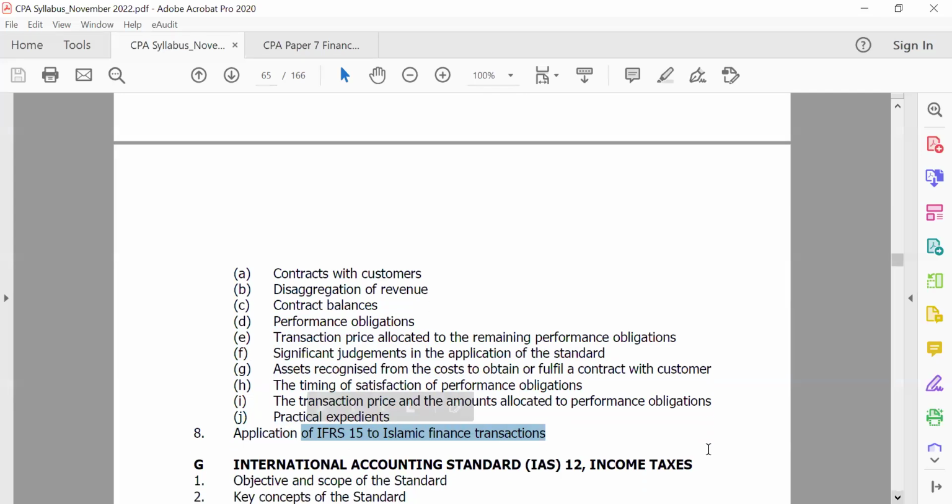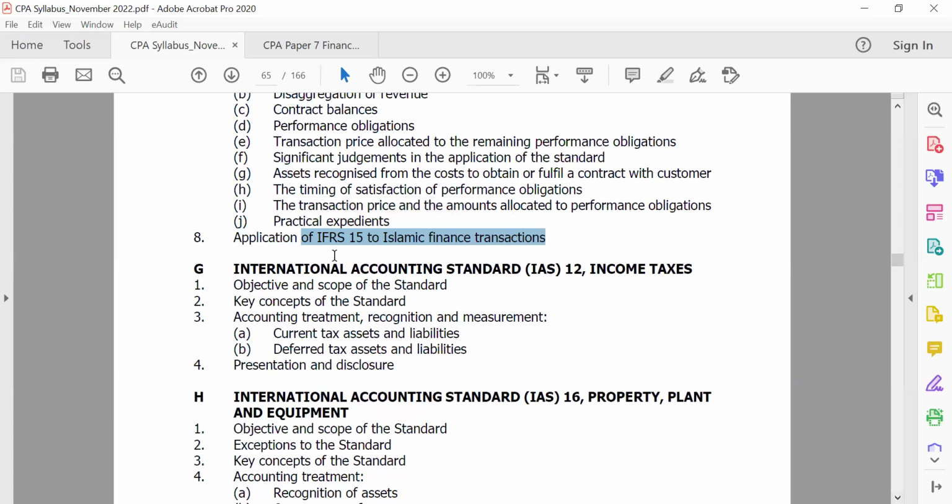Then we have this other standard, which is IAS 12, income taxes. This one looks at the treatment, recognition, and measurement of your current tax assets and liabilities. It also looks at aspects of deferred tax assets and liabilities, and then provides for presentation and disclosure.